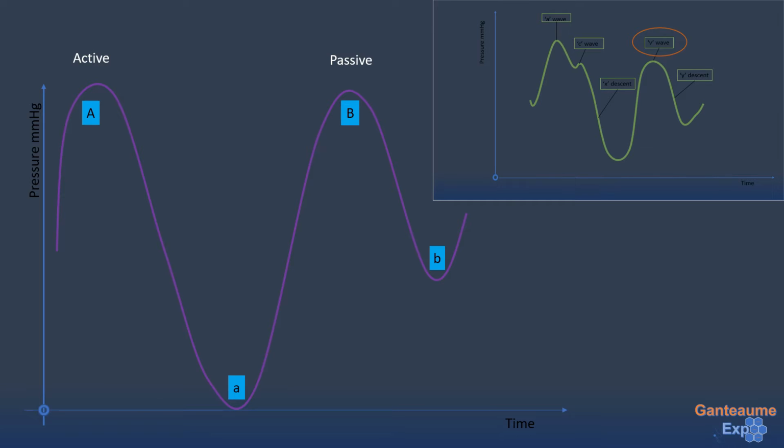The troughs are similar. It's the same approach. The first trough is actively formed, and the second is passively formed. So it's a pattern. Active peak, active trough, passive peak, and a passive trough.